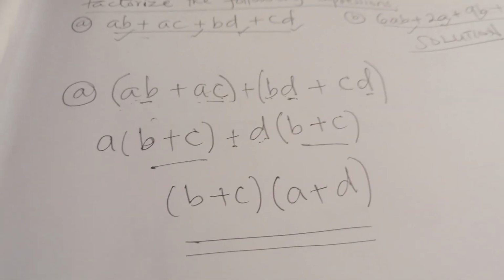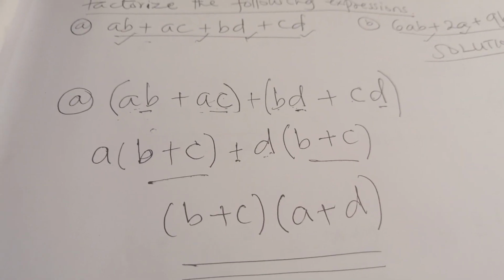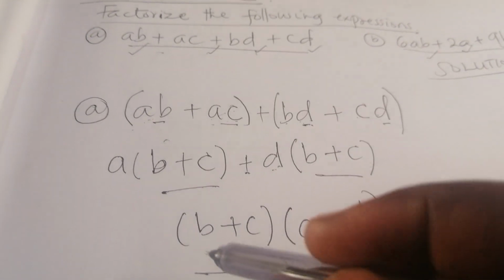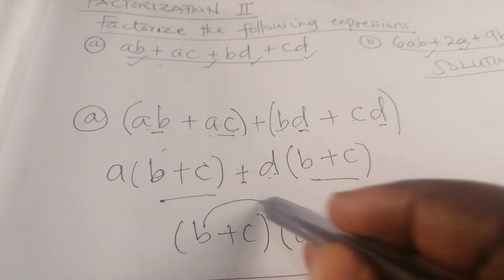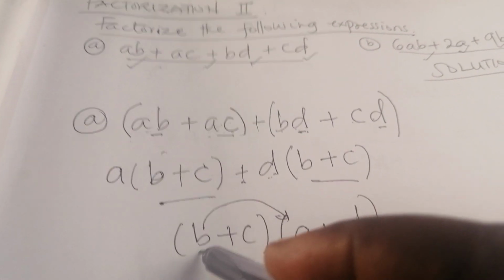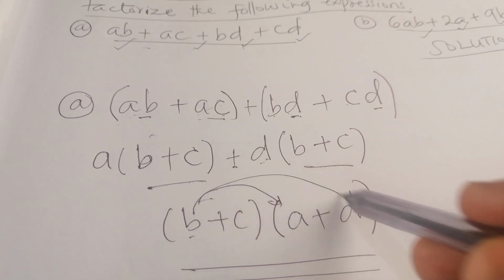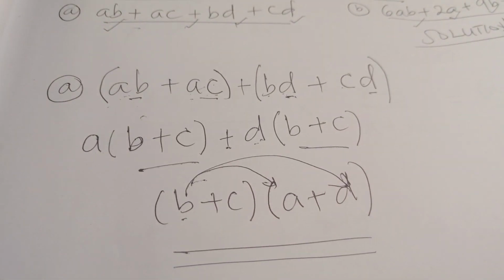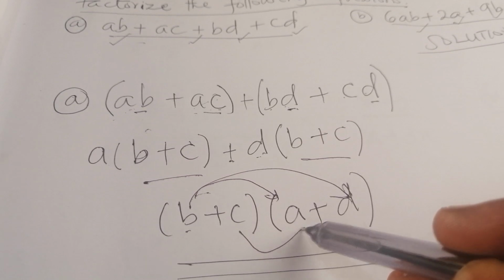To make sure what we have done is correct, we can cross-check our final answer by multiplying the first term in the first bracket by everything in the second bracket. And we do the same thing to the second term.